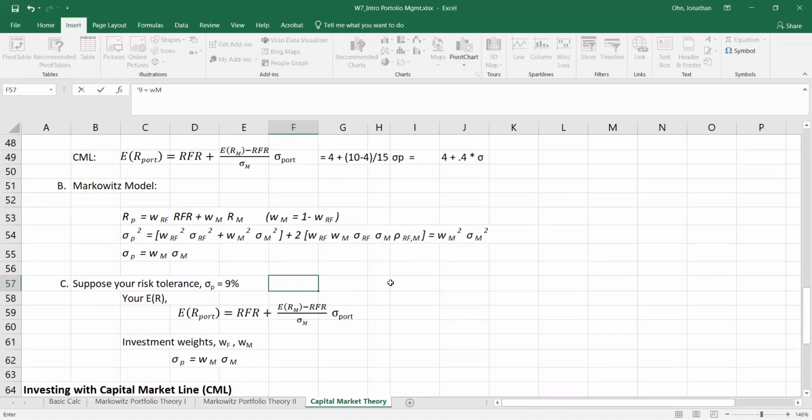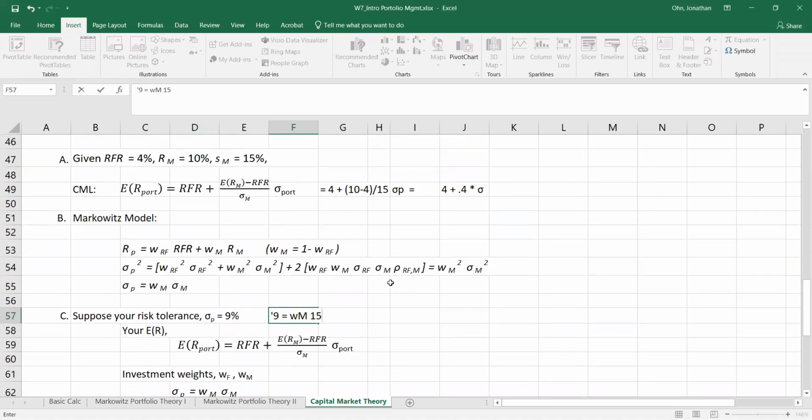Sigma M is 15, right? Then, what does it show? WM is equal to 9 divided by 15.